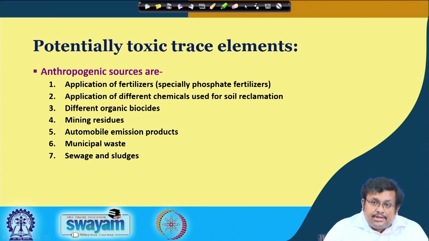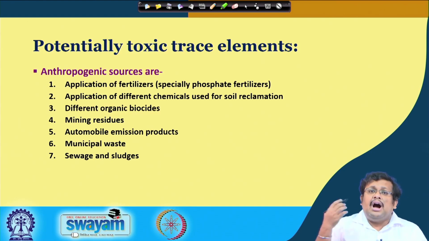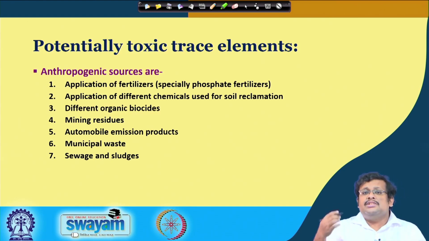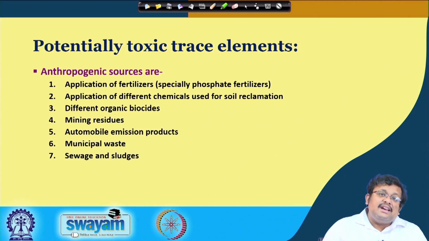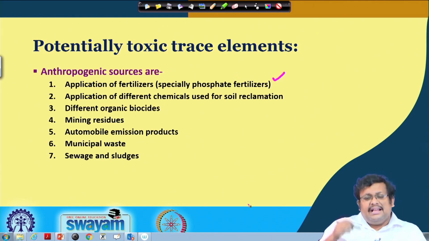Now, what are the anthropogenic sources? When you talk about potentially toxic trace metals like arsenic, lead, cadmium, chromium, these are all potentially toxic trace elements. So, how do these occur in the soil due to different anthropogenic processes? These processes include the application of fertilizer, specifically phosphatic fertilizer, which contains different types of these trace elements.